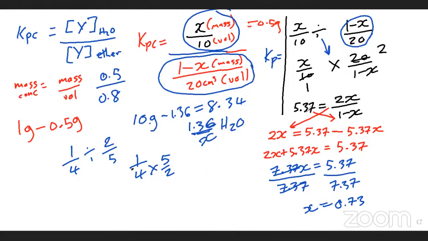So the 5.37 now, I am introducing Kp. So 5.37, let me just put it over 1 if you want it as better. So 5.37 over 1 is the same thing as 5.37, right?